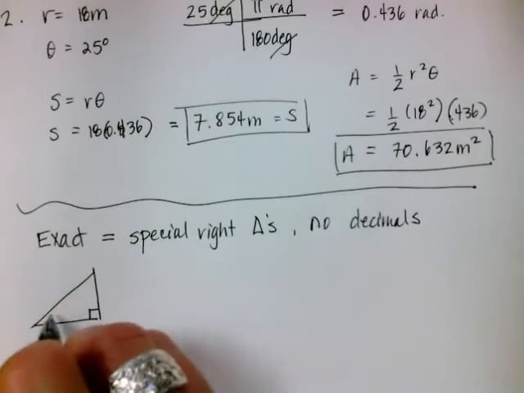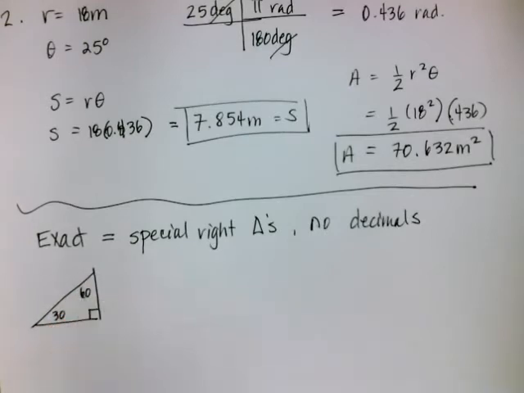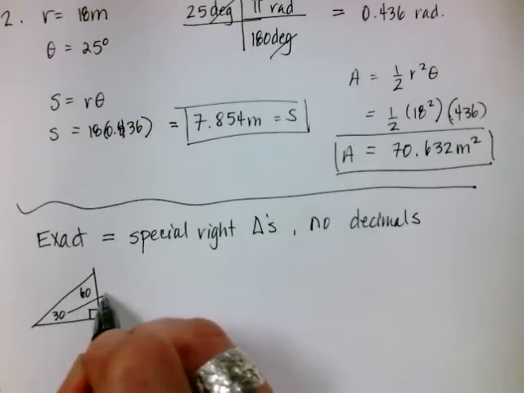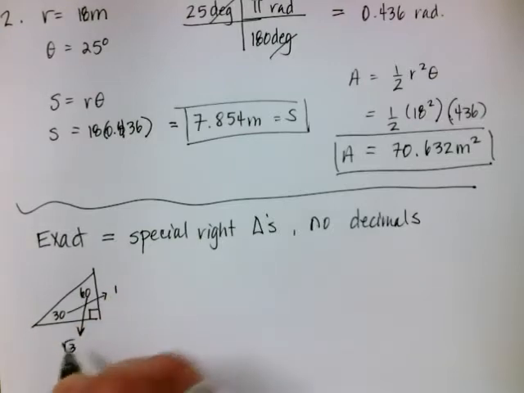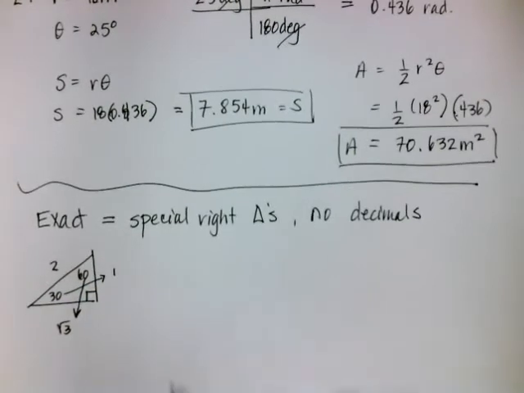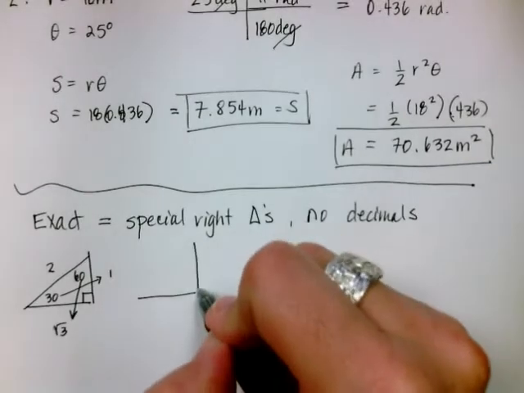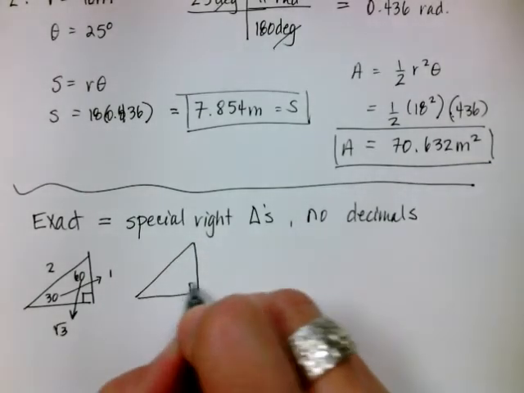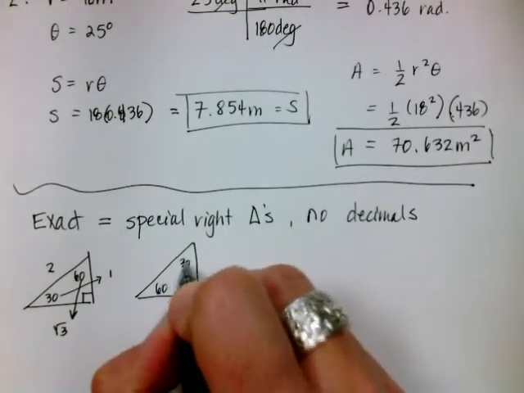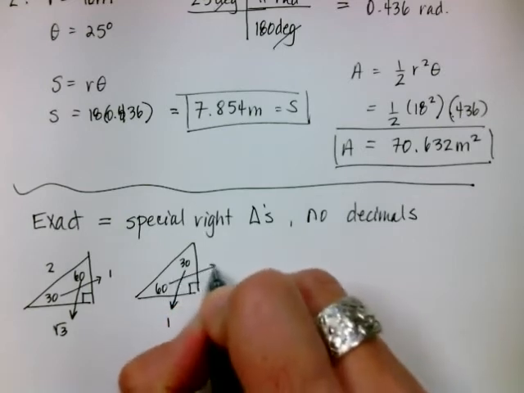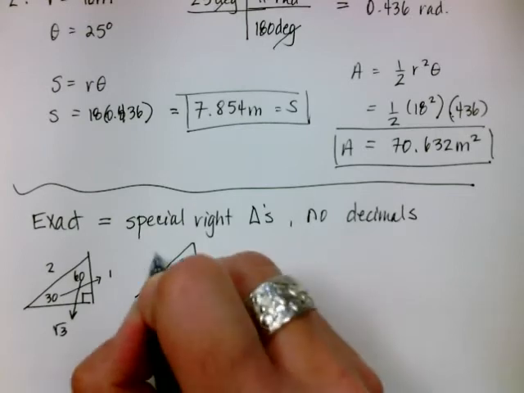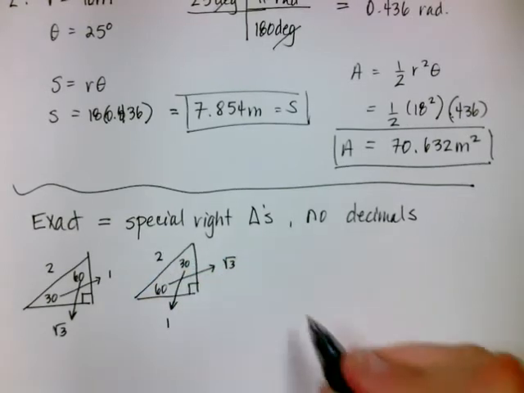So if this is a 30, 60, 90, opposite the 30 is going to be a 1, opposite the 60 is a radical 3, and then the hypotenuse is 2, regardless of where the 60 is. So if I rearranged it and put my 60 down here and the 30 up here, opposite the 30 is 1, opposite the 60 is radical 3, and the hypotenuse is 2.